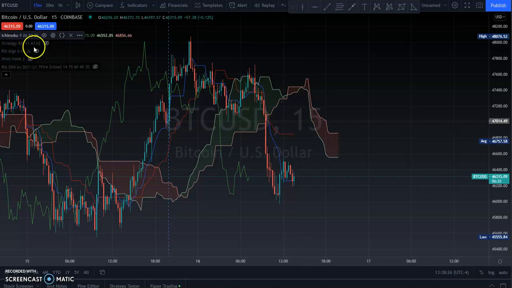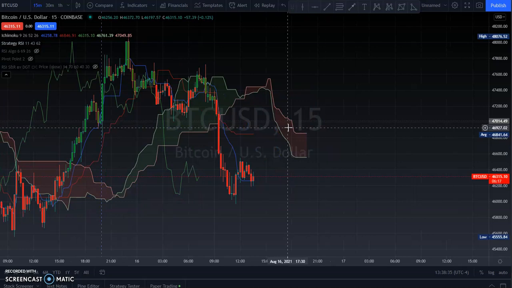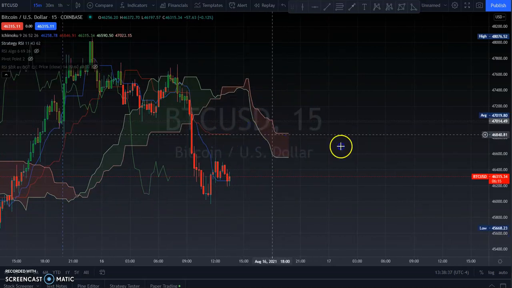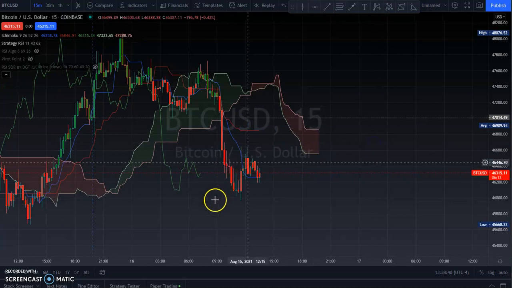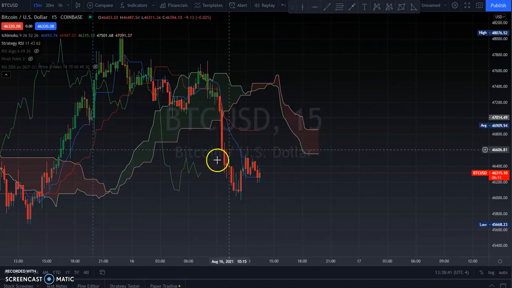Now, what I love to use for confirmations is Strategy RSI. You have to zoom in and make the candles bigger for it to show. Strategy RSI shows you at what point to act, based on the parameters I've set.